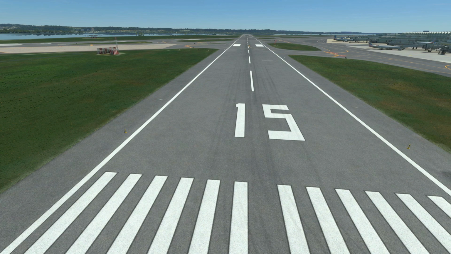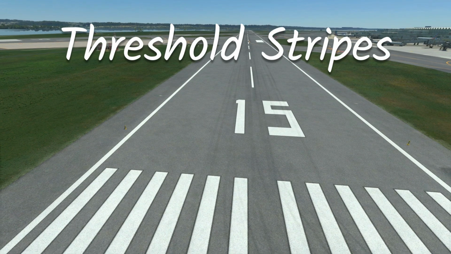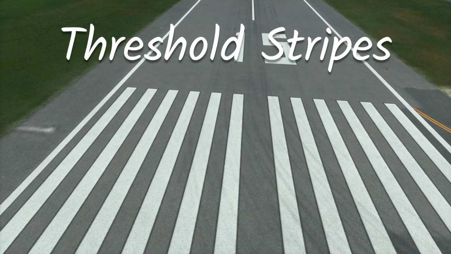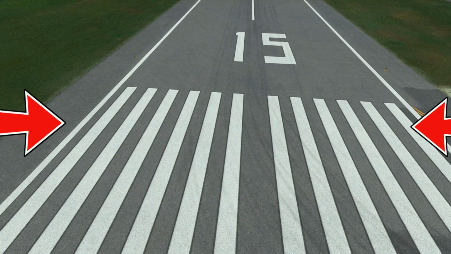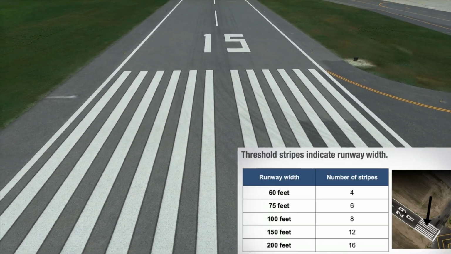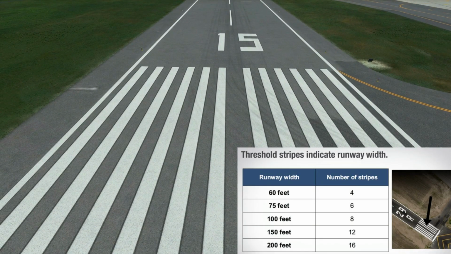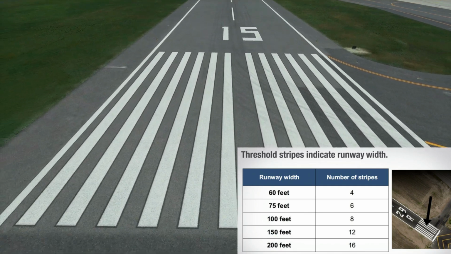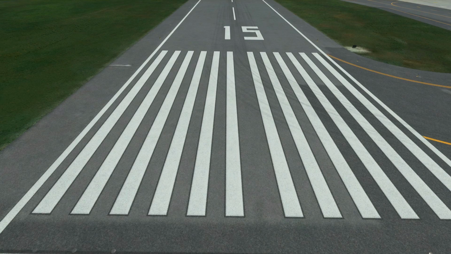Next thing to go over is these white stripes right here, what we call threshold stripes. These indicate runway width, and I have a little graph right here you can look at that shows you how you measure this depending off the amount of stripes that we have. So we have a total of 1, 2, 3, 4, 5, 6.